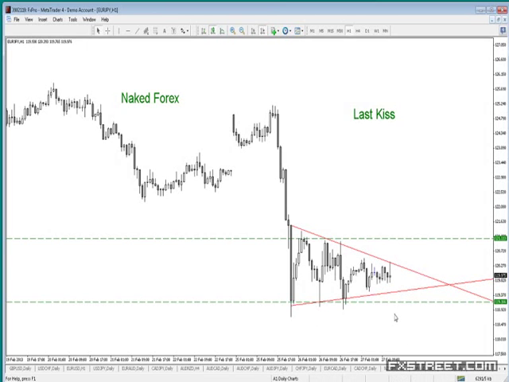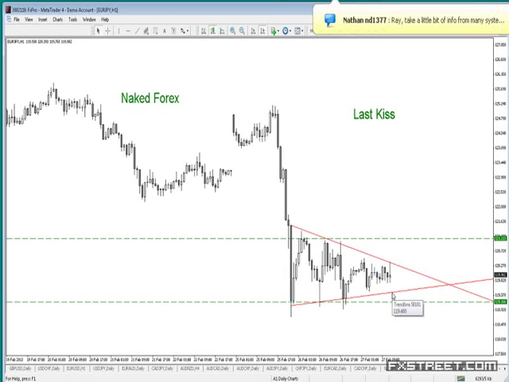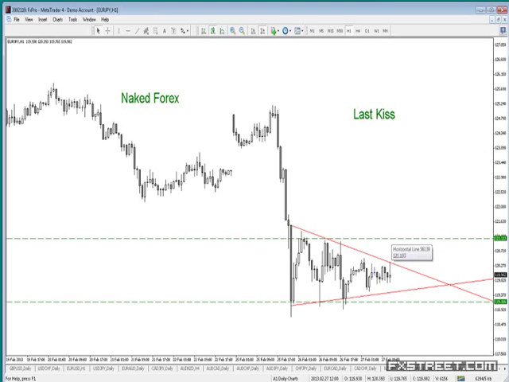All the buyers have their stops down here, and that's what makes the breakout work: the buyers are getting squeezed out. Same thing if it breaks to the upside, all the sellers are getting squeezed out, so it's a cascade of stop losses that accelerates the breakout, and nothing really more than that.